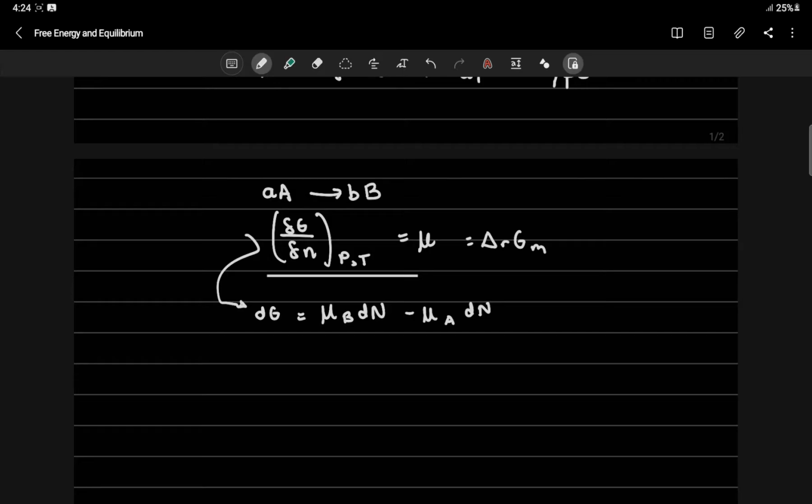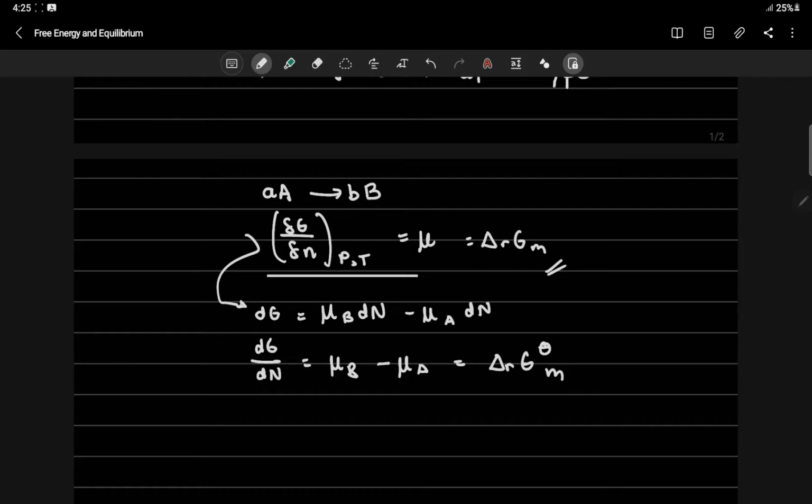Okay, so pwede nating i-divide yung dG by dn. So ang lalabas is mu B, or the chemical potential of B minus the chemical potential of A. And remember, gaya ng sinabi natin kanina, equal yan sa reaction Gibbs free energy molar. Okay, ito siya.